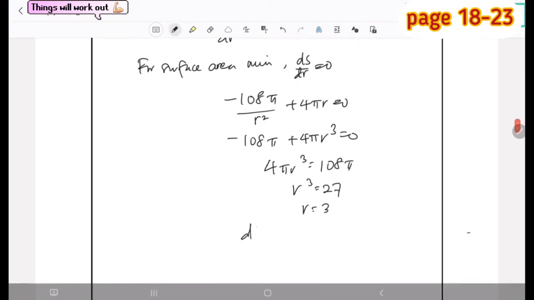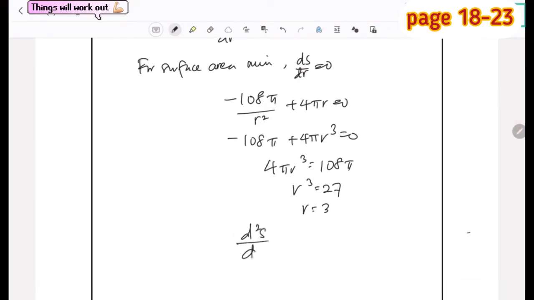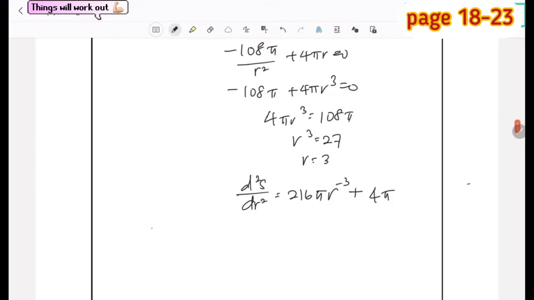Get the second order derivative, d squared S over dr squared. We have it as 216 pi r to the negative 3 plus 4 pi. So when r equals 3, d squared S over dr squared equals 216 pi over 3 cubed plus 4 pi.